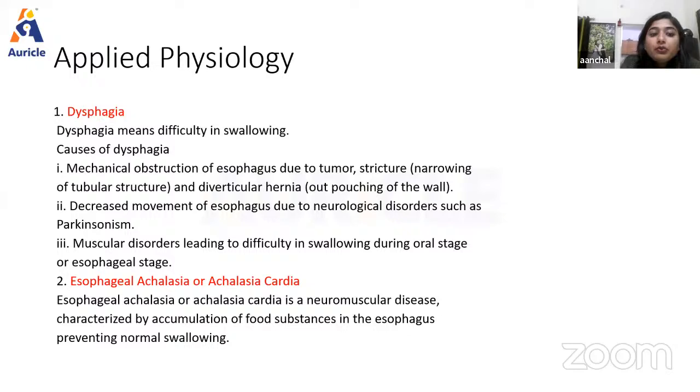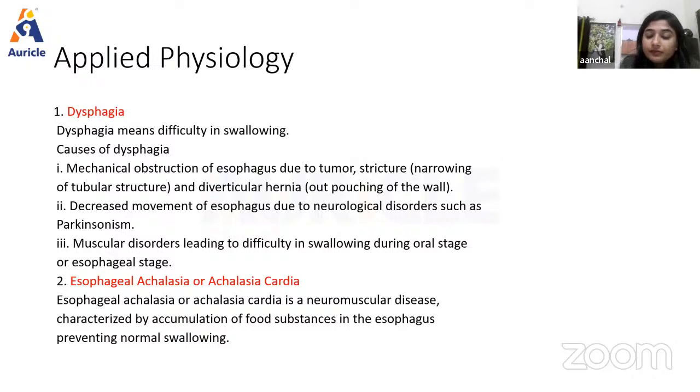It could be due to mechanical obstruction of the esophagus due to the presence of any tumor or structure, or narrowing of tubular structures. It could also be due to decreased movement of the esophagus due to neurological disorders such as Parkinson's. It could also be due to muscular disorders that lead to difficulty in swallowing during the oral stage.